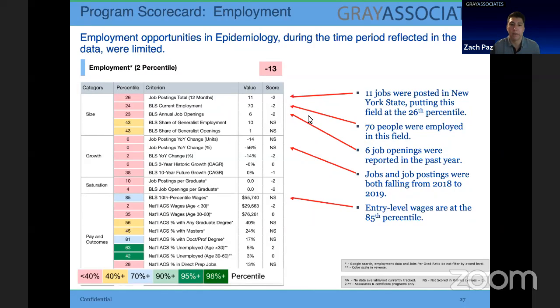So in this case, I would say you'd really want to evaluate and understand who the employers are, what are the requirements, what skills are they looking for, and then really dig into more of that employment side of this data.